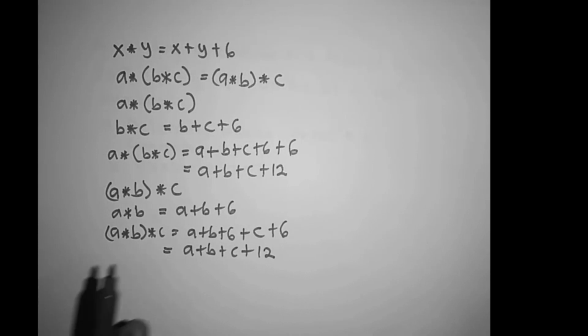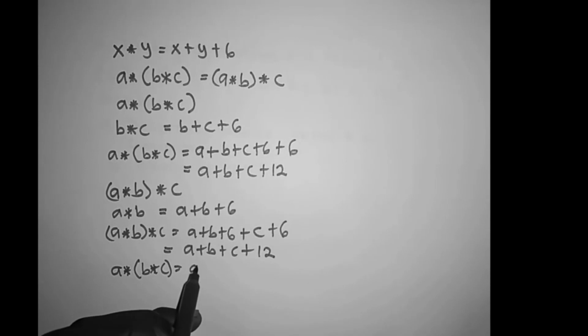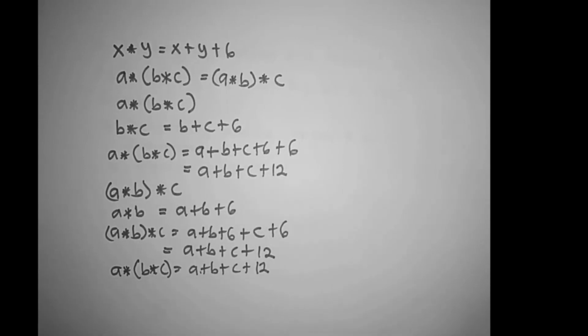So we can see that A operation into bracket B operation C equals A plus B plus C plus 12. And then A operation B in one bracket operation C is also A plus B plus C plus 12.